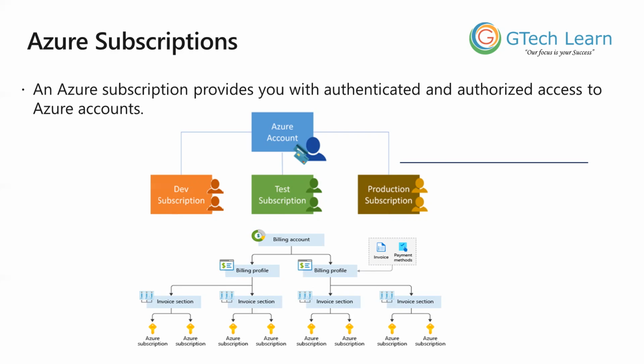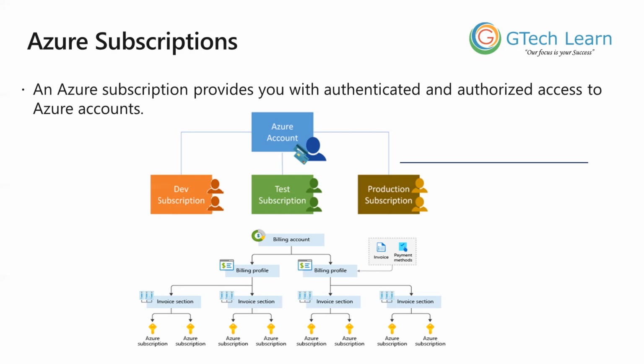Suppose you have an organization and there are various teams like the HR team, the administrative team, and the product testing team. Then you had better apply different subscriptions to different teams and do different billing for them. So for HR, I am providing a different subscription. For the administrative team, a different subscription.